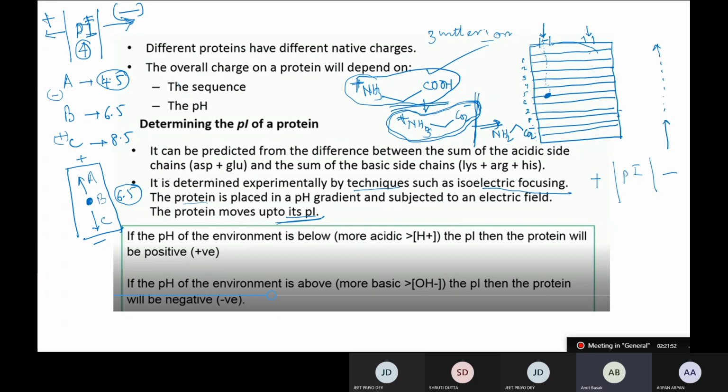What is the pI of A? It is 4.5. What is the pH you have maintained in this gel? 6.5. So you have maintained a pH which is greater than the pI of A. If it is greater than the pI of A, then it is negatively charged.